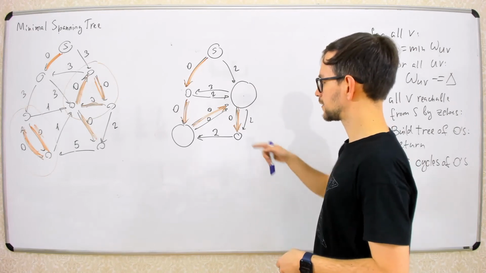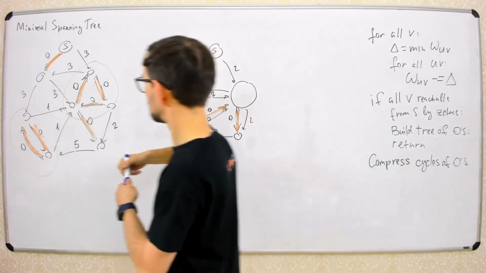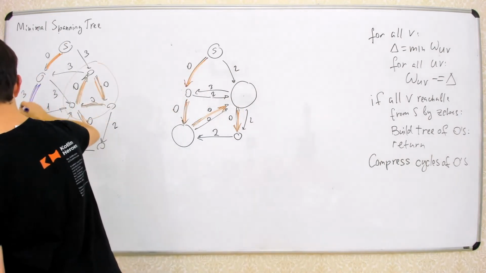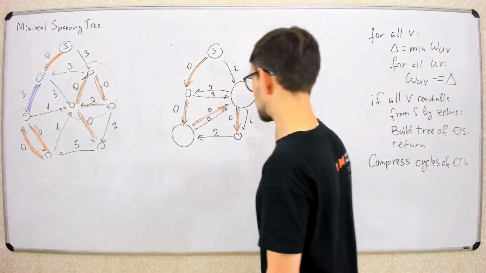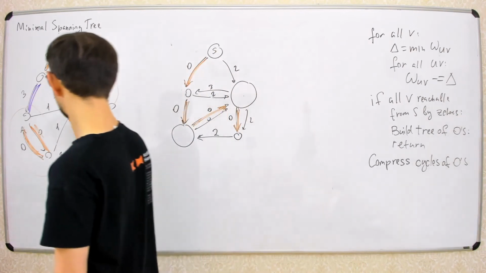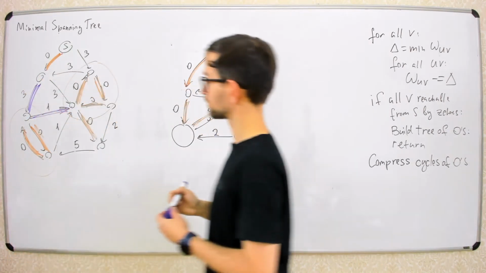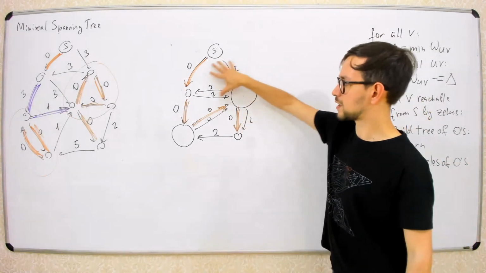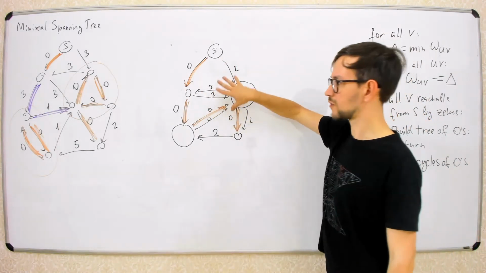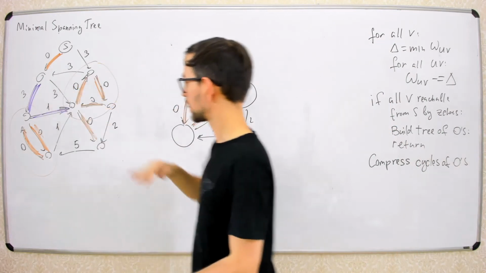So I need to add this edge here. And I need to add this edge here. It's one of these edges. This, for example. So I just take all edges from this graph and put them back to this graph.